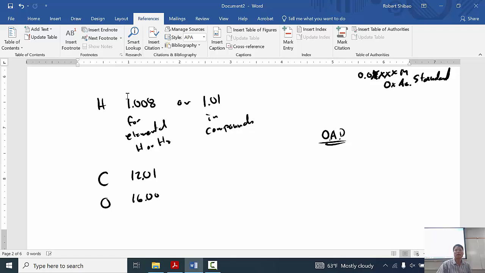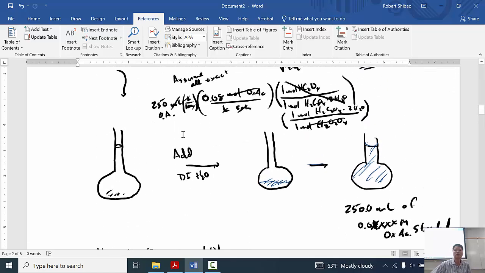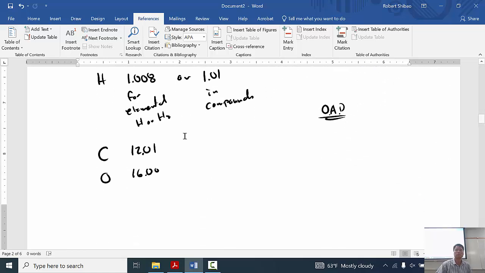So if I want oxalic acid dihydrate, how many hydrogens do I have total? Well, let me write the formula here again. H2C2O4·2H2O. So how many hydrogens do I have total? 6 hydrogens. And so for speed, 6.06. It's an easy calculation. How many carbons? So 24.02.